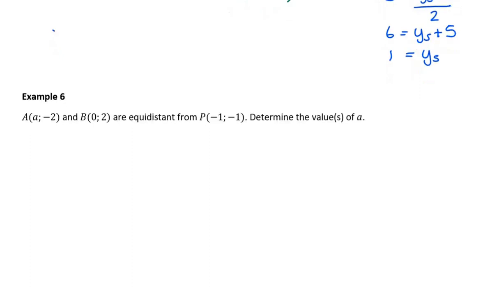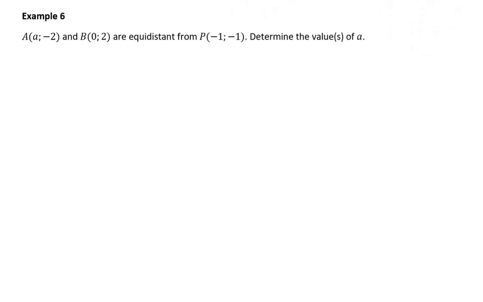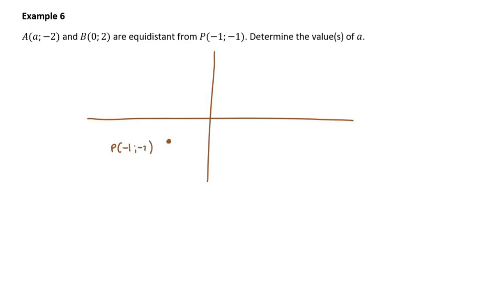So last question for practicing distance and midpoint. A and B are equidistant from P. Determine the values of A. Okay, now let's quickly draw ourselves a picture for what this means. Negative 1, negative 1. Remember, we don't draw accurately, but basically P, which is negative 1, would be somewhere around there.